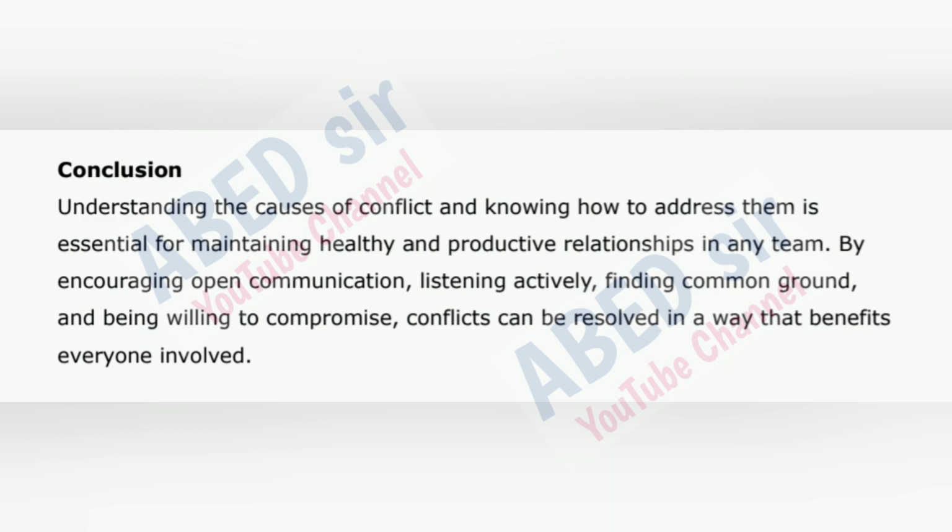Understanding the causes of conflict and knowing how to address them is essential for maintaining healthy and productive relationships in any team. By encouraging open communication, listening actively, finding common ground, and being willing to compromise, conflicts can be resolved in a way that benefits everyone involved.